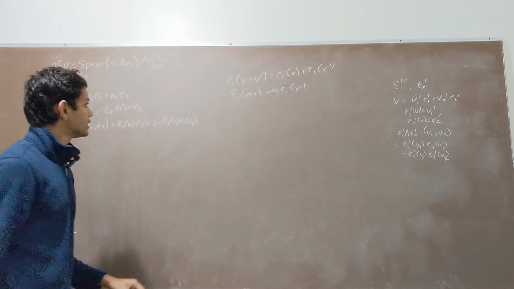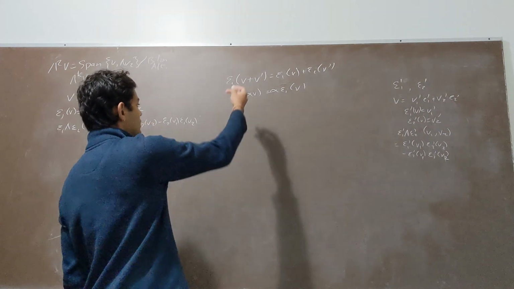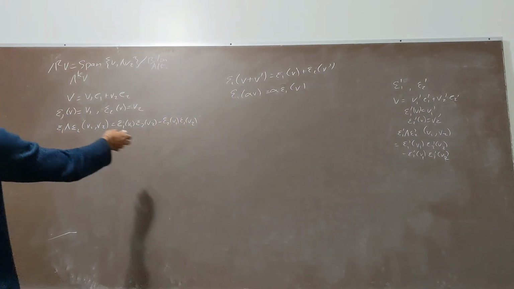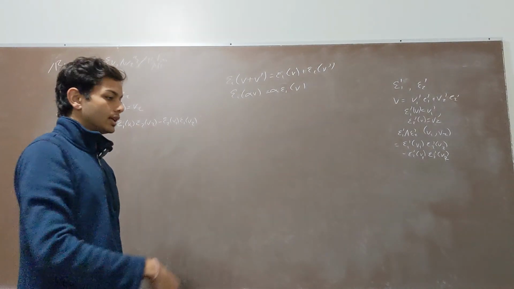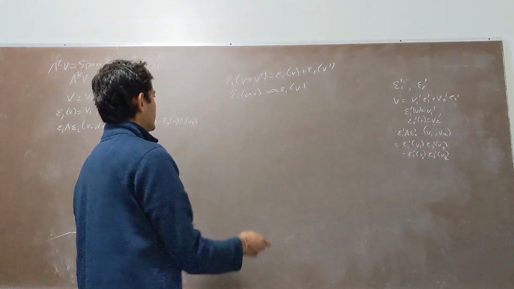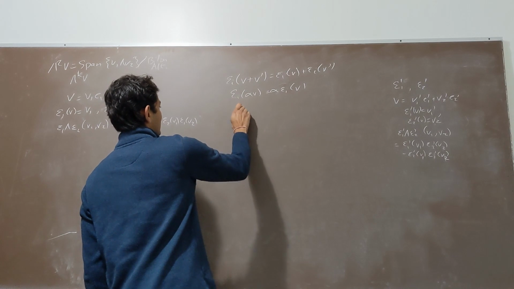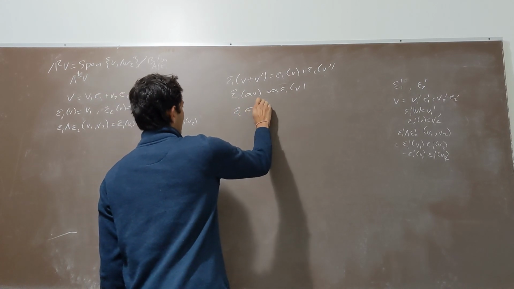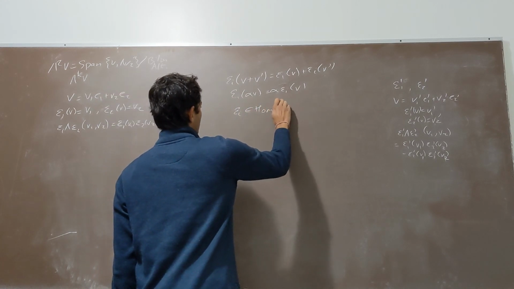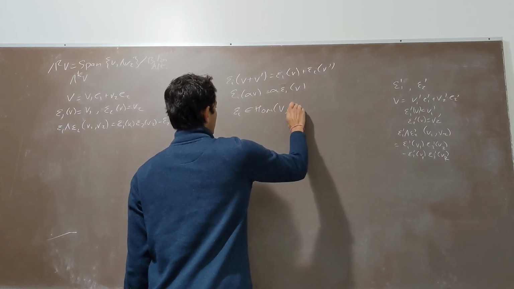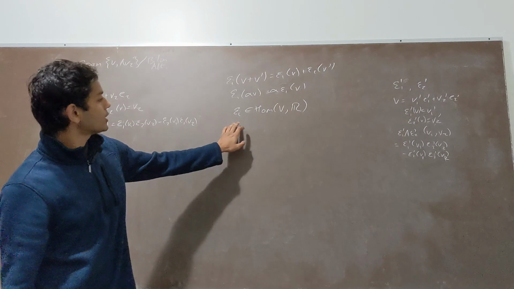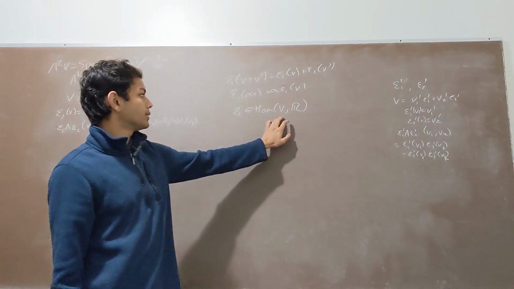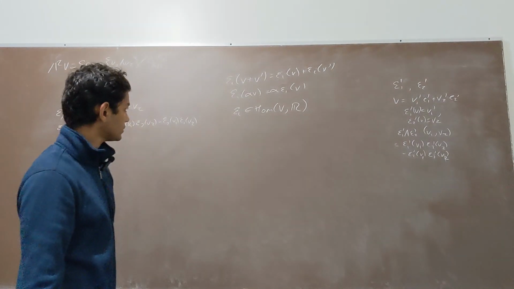And so what that tells us is that these are not just any functions on our vector space, but these are linear functions on our vector space. And since the image is a real number, what this tells us is that each epsilon i is an element of the vector space of homomorphisms from V to R. So each epsilon i is a linear map from our vector space to the real numbers.